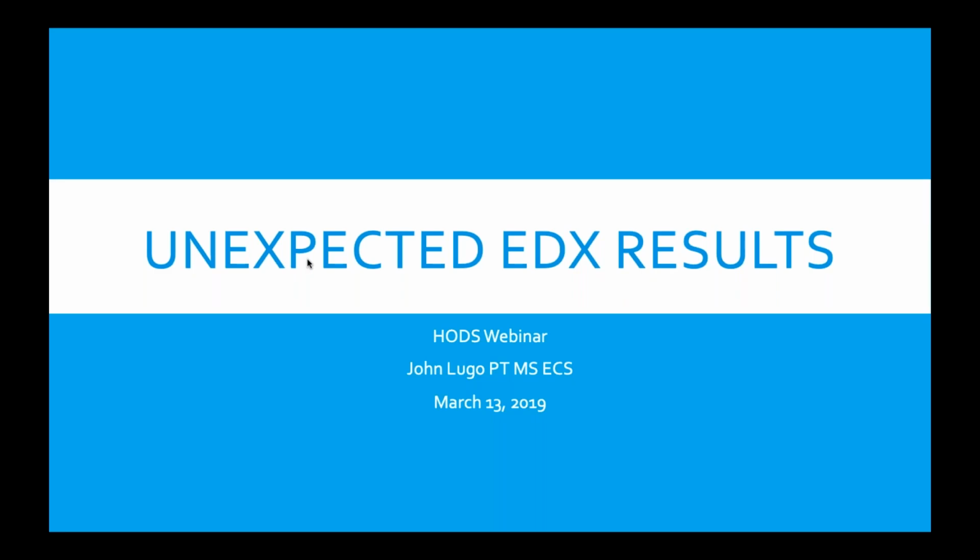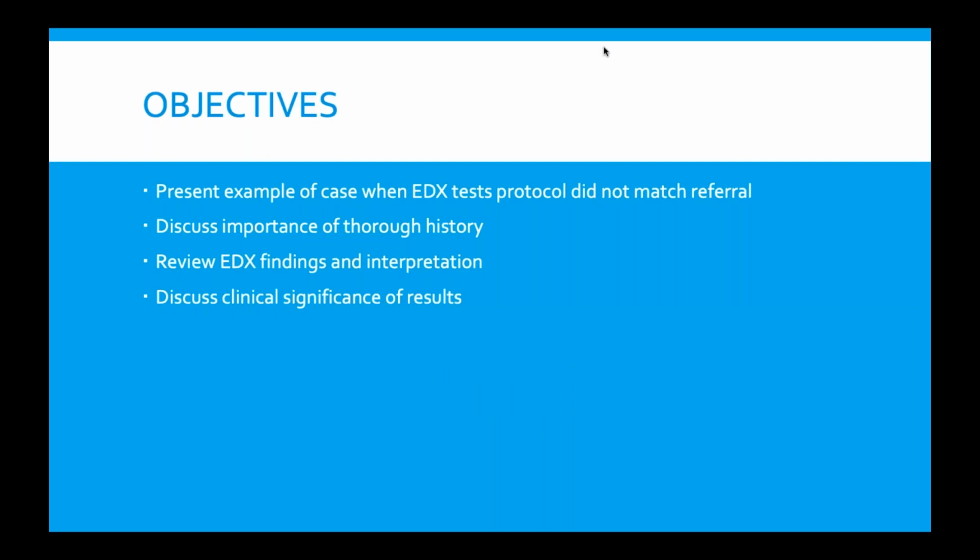All right, so basically tonight we're going to talk about what happens when you get results of an electrodiagnostic exam that you do not expect to encounter. So we'll talk about a couple of cases that didn't change the typing, a couple of cases where the testing protocol did not match the reason for the referral.